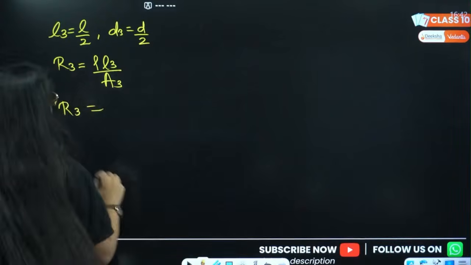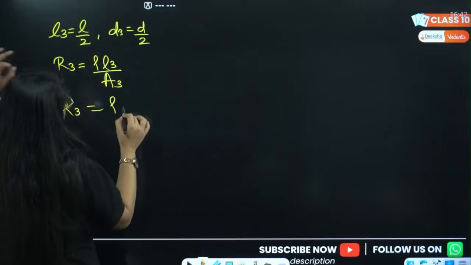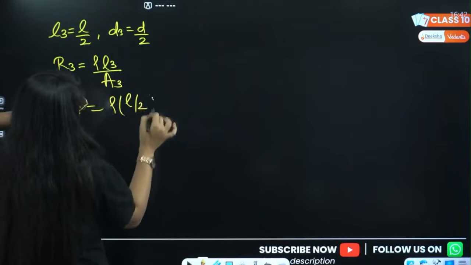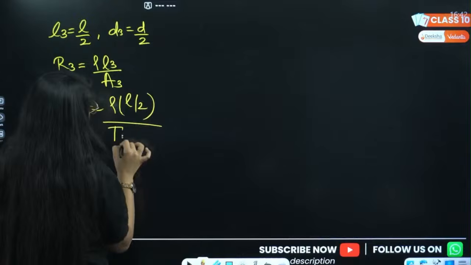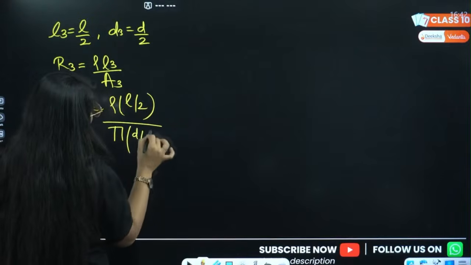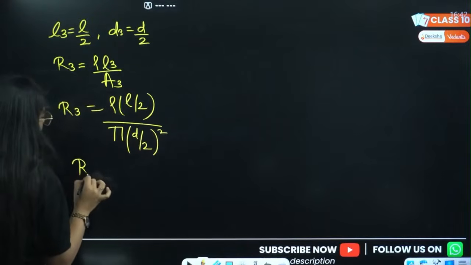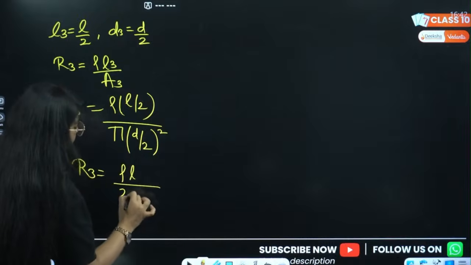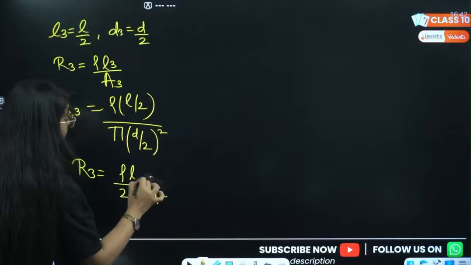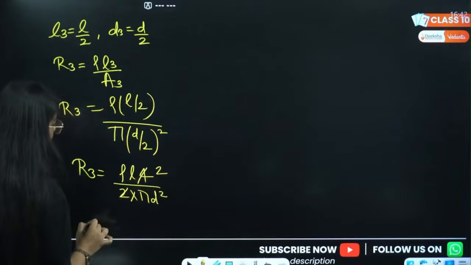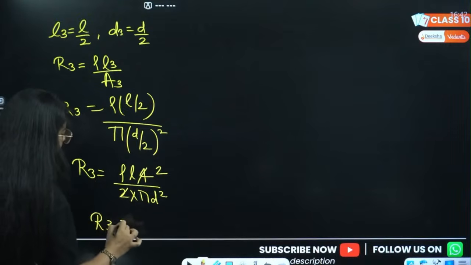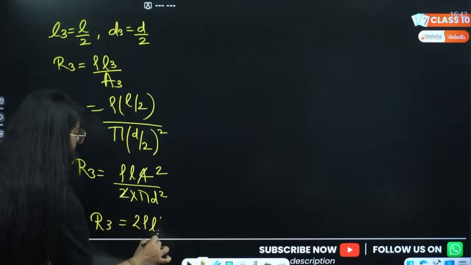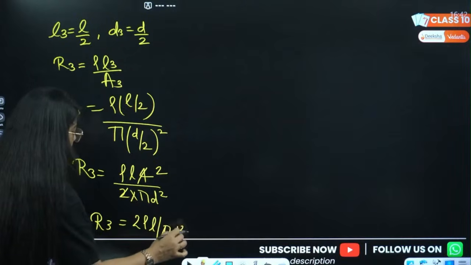Okay, let us check. Rho into this is L by 2 and this is pi D by 2 whole square. Correct? So R3 will be rho L by 2 into pi D square into 4. So that is 2. So R3 is 2 rho L by pi D square.